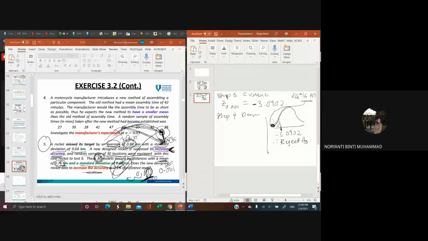So this is the first way. Some students can see this clearly, but you must show me this. Reject H0. Where is this value? Some of you can also do it by writing. Reject H0 since Z-test, negative 16.4317, is less than Z-table, you can also write Z 0.01, which is negative 3.0902.